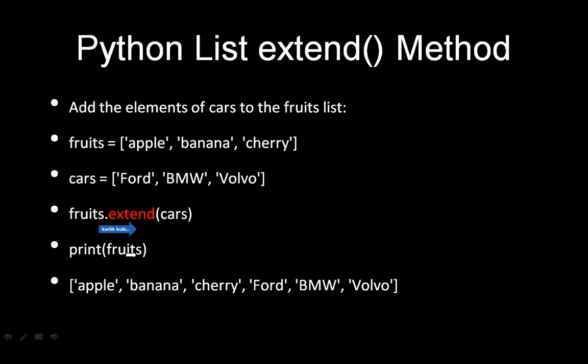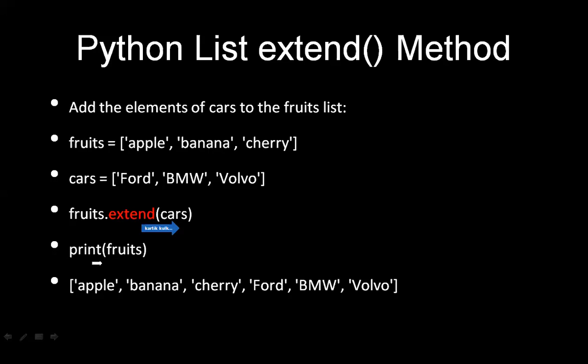Now suppose you want the vice versa, meaning first Ford should come, then BMW, then Volvo, and after that apple, banana, and cherry. At that time you need to change this particular statement. First of all you need to write the cars list. So instead of fruits you can write cars, C-A-R-S, dot extend, and in brackets you specify fruits.